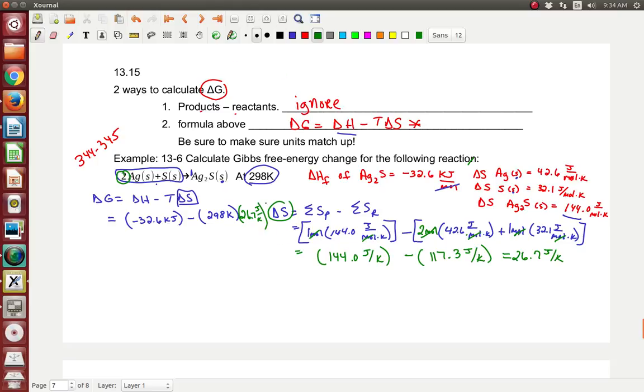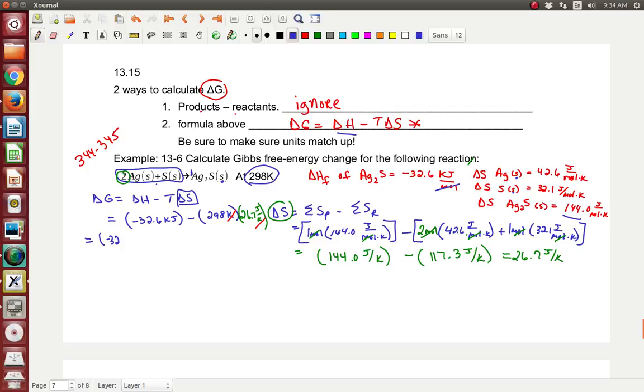Alright, now I just need to multiply these. I'm going to show you again the canceling of units. Kelvins cancel. So now we just have kilojoules and joules, and that's an issue. We're going to have to fix that. Alright, so let's go ahead and put those values in. I'm going to go ahead and change my kilojoules. Well, let's just see what this value ends up being.